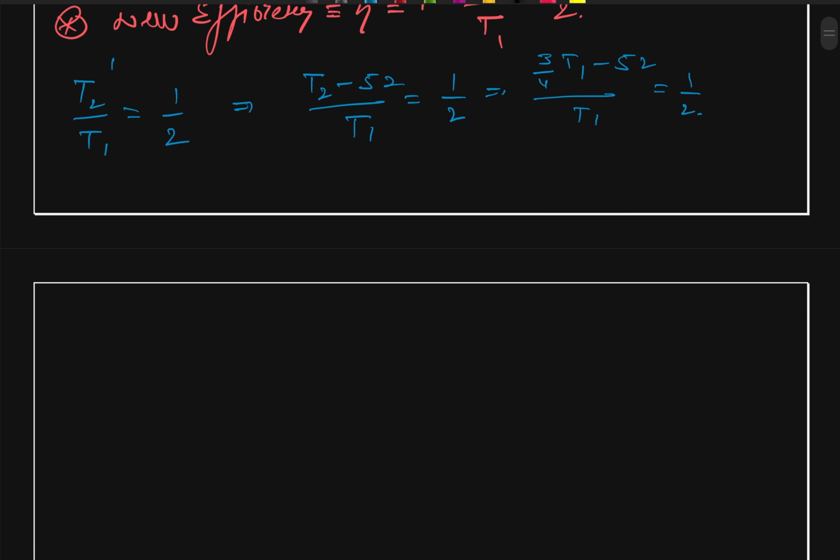We can just make some adjustment here and segregate T1 with respect to the numerator. So this will be 3/4 minus 52 upon T1 is equal to 1 by 2. From here we get 52 upon T1 is equal to 3 by 4 minus 1 by 2. 4 will be the LCM, and this will come as 1 by 4.